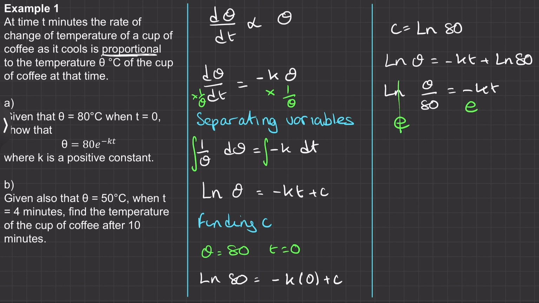And these will cancel. So we have theta over 80 is equal to e to the minus kt. And finally, we'll multiply both sides by 80, so theta is equal to 80 e to the minus kt, which is the model we needed to find. Okay, let's move on to part B.